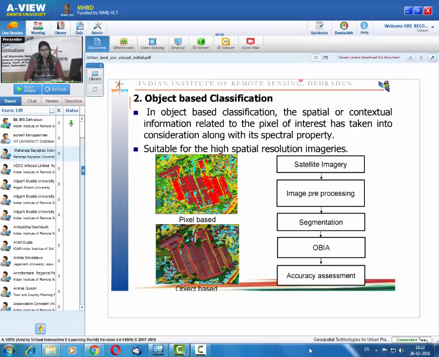So what we can do is we can go for object-based classification analysis, because even if we use a fused image in object-based classification, it is not going to make much difference or problem. So the same process follows. We have the satellite imagery, images being pre-processed, then you do image segmentation based on certain rules. We do object-based image analysis, we classify the image, and subsequently we do the accuracy assessment.